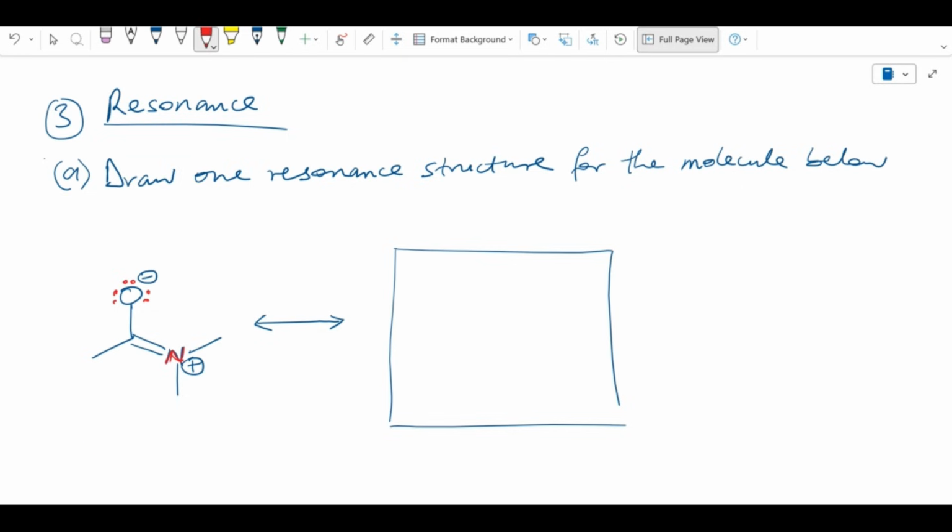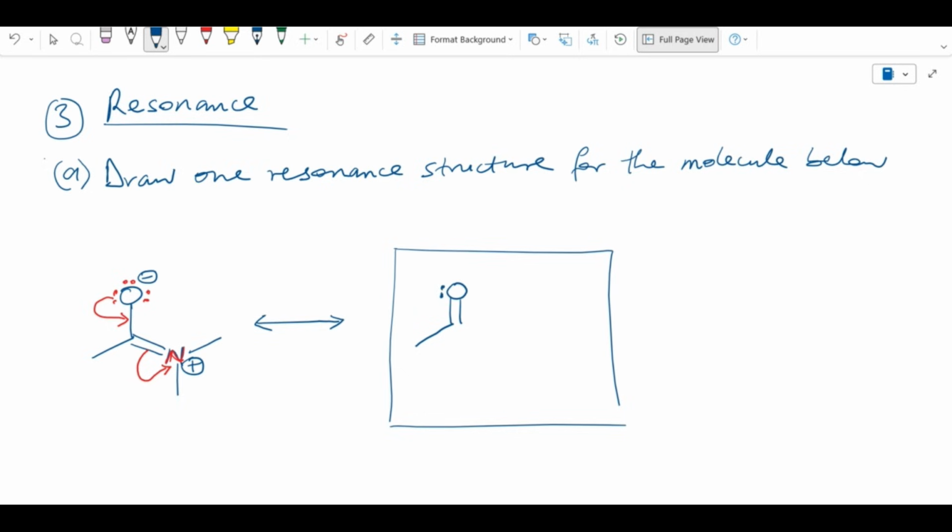So to draw this curved arrow, we're going to draw it from the lone pair on the oxygen. That lone pair is going to form a bond. In order not to break the octet rule, we will have to break this pi bond, and the excess electrons will go towards the nitrogen. So that pi bond will become the lone pair on the nitrogen. Now the resulting structure will be such that there is now a double bond between the carbon and oxygen.